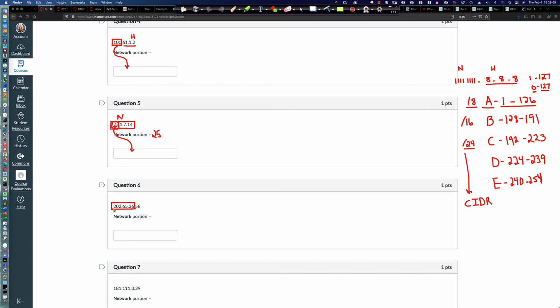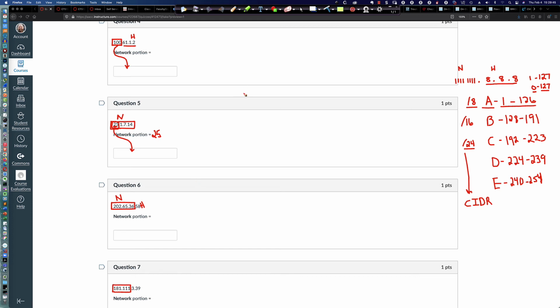So we say that a Class C, or an address with 24 bits representing the subnet mask, that the /24, it is the first 3 octets that represent the network portion. The last octet represents the host portion. And then we get down to 181, and that falls within our Class B range, meaning the first 2 octets, or the first 16 bits, represent the network portion of the address.